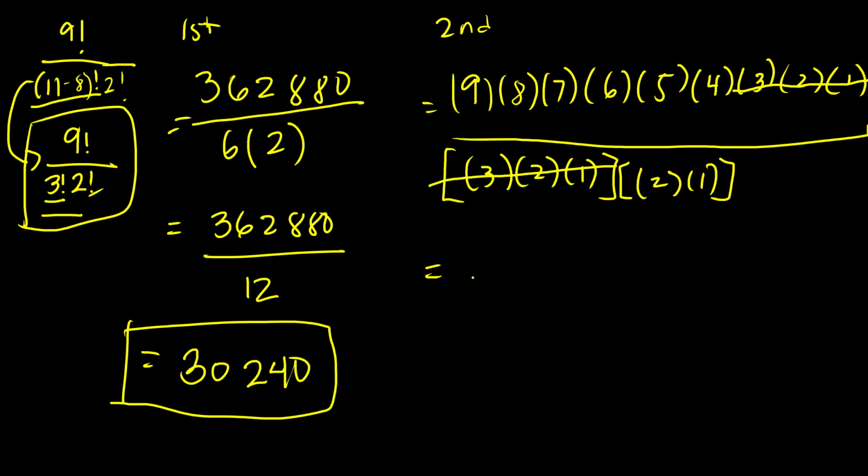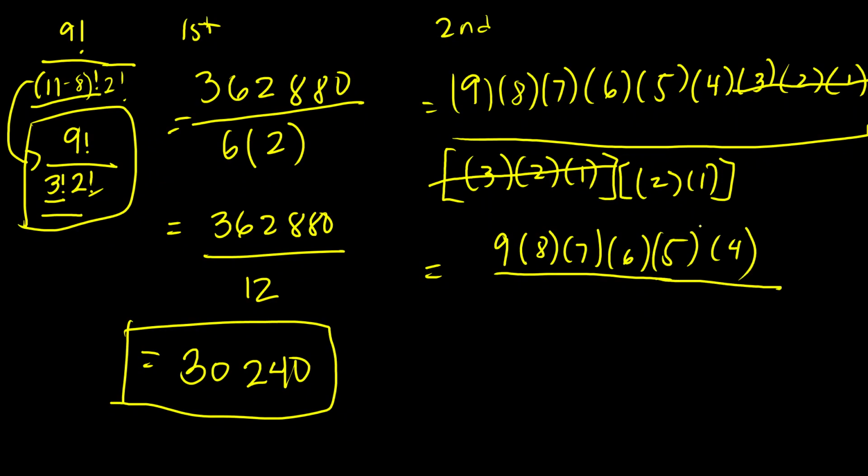Then, multiply natin. Ano yung natira sa taas? Diba, we have 9 times 8 times 7 times 6 times 5 times 4 over 2 times 1, 2. So, see 9 times 8 times 7 times 6 times 5 times 4 is equal to 60,480 divided by 2.